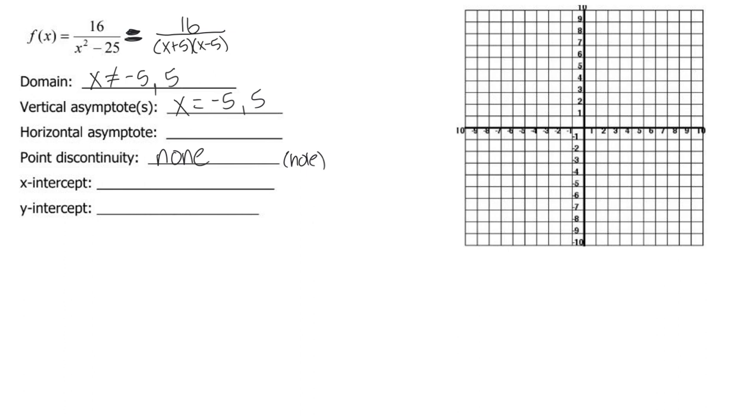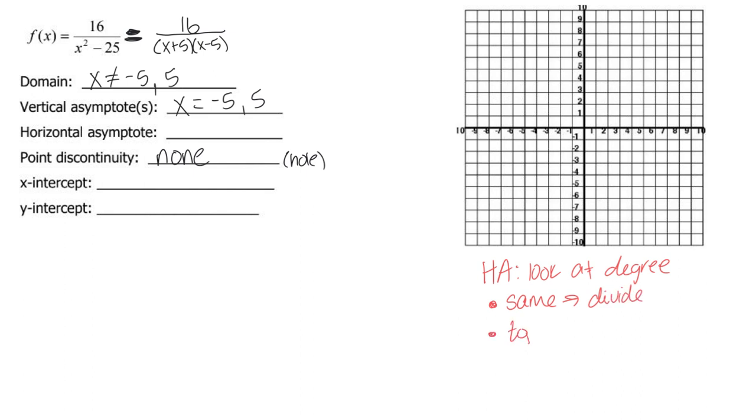Horizontal asymptote are rules that we have to follow. So if we don't remember, the HA rules are we look at degree, and if the top of the fraction and bottom of the fraction have the same degree, so it's like x squared over x squared or something, we divide.